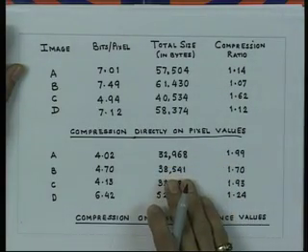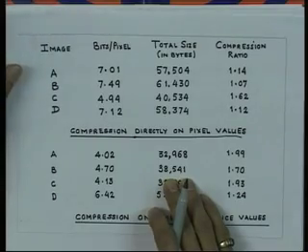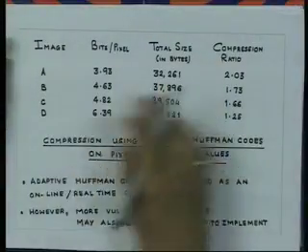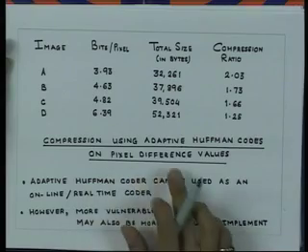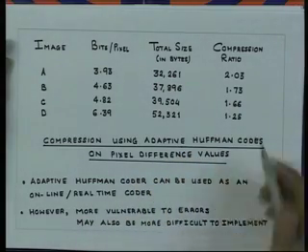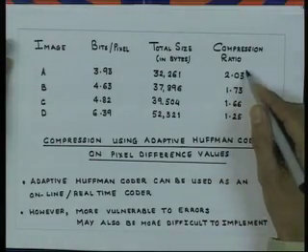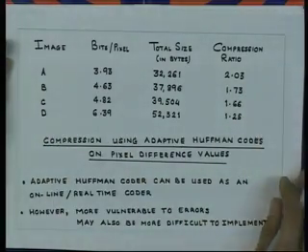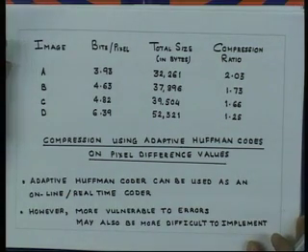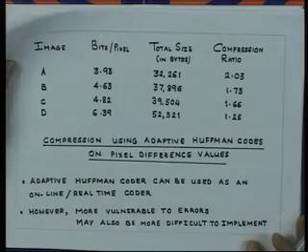Now, if we had to use the adaptive Huffman coding procedure, then the results are as shown here. These results are obtained after applying adaptive Huffman codes on pixel difference values, and we see that there is a further improvement for image A. Adaptive Huffman coder can be used as an online or real-time coder.